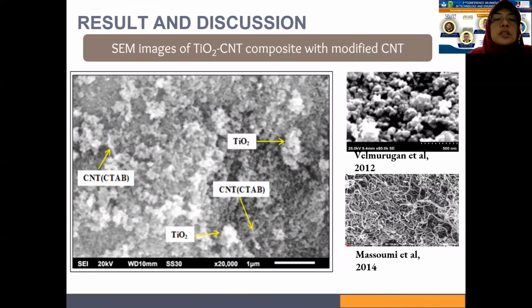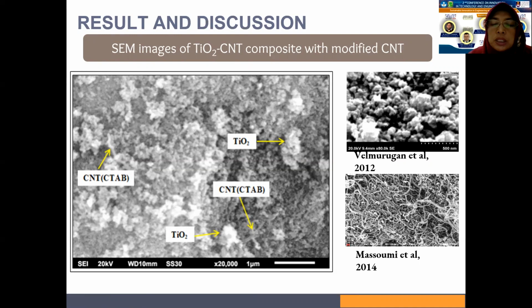Result and discussion. The characteristics of the TiO2 CNT composite with modified CNT. You can see the picture of CNT, CTAB, and TiO2. It looks like TiO2 particles are well distributed among the CNT, and there are some TiO2 particles that get together to form small groups.